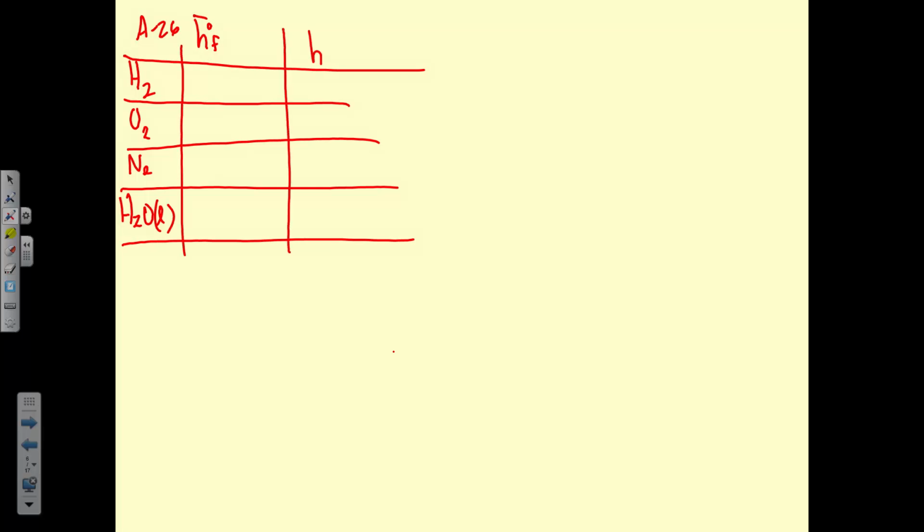We're also going to look up the enthalpy at the reference state, which we don't end up using as a reactant. Okay, so in table A26, can anybody tell me what the enthalpy of formation is for hydrogen, oxygen, or nitrogen?